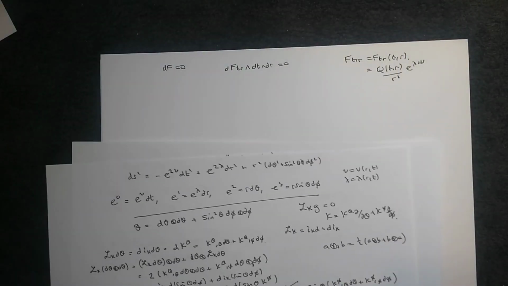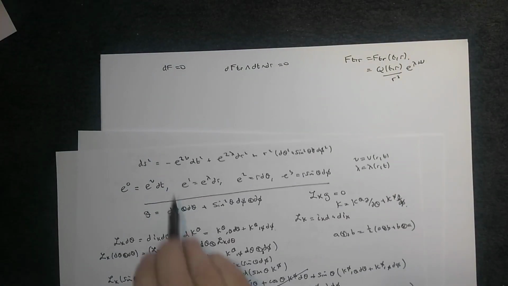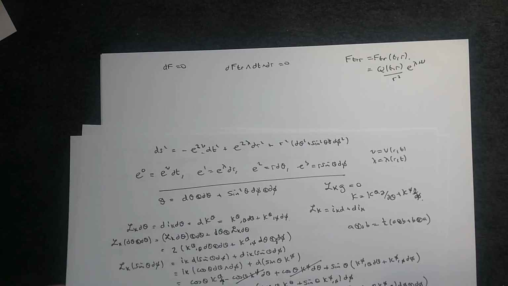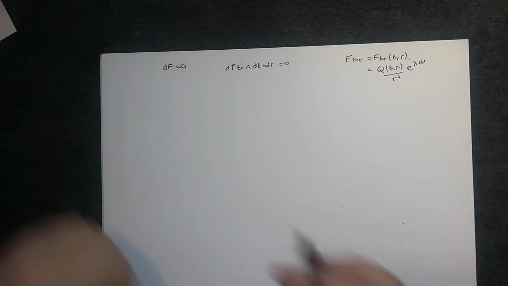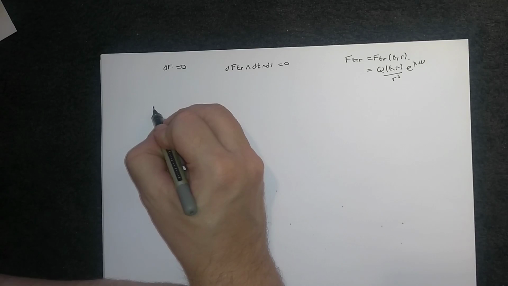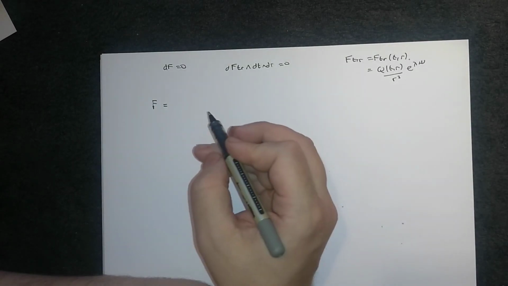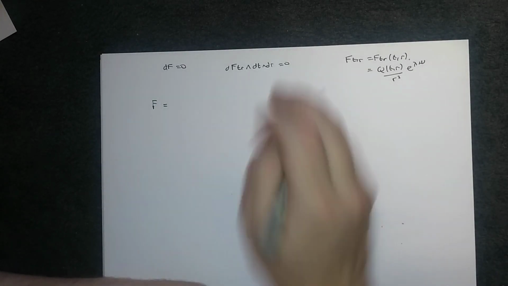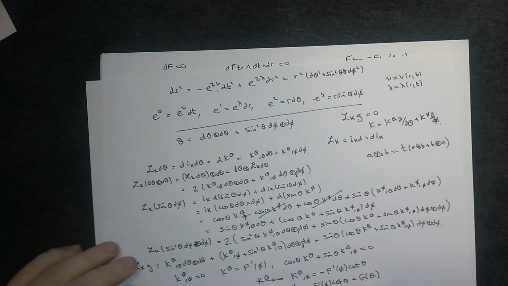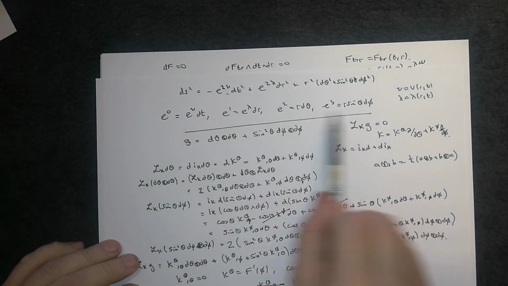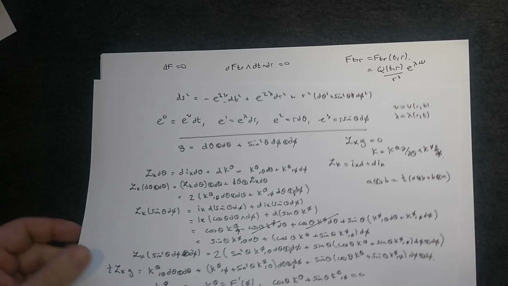So λ and ν, if you remember, were these parameters here. And the reason I've written it in that way is because I'm now going to write F in terms of the basis that I wrote down up here, the orthonormal basis.